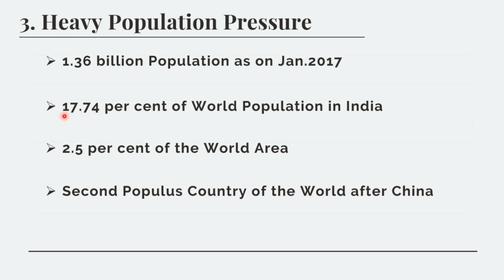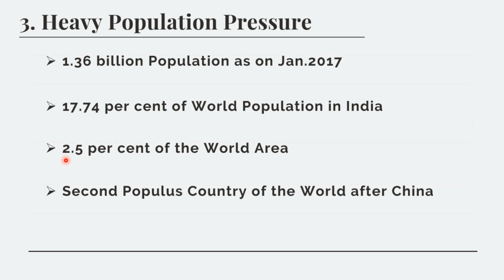If you take a look at the population of China, the proportion of China's population is 19.5%, and they have more geographical area in comparison to India. India's population is increasing at an annual growth rate of 1.95%.